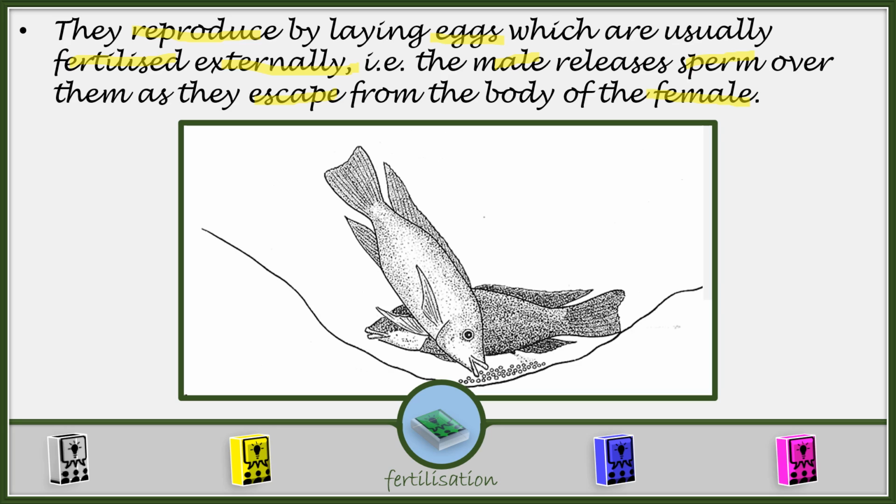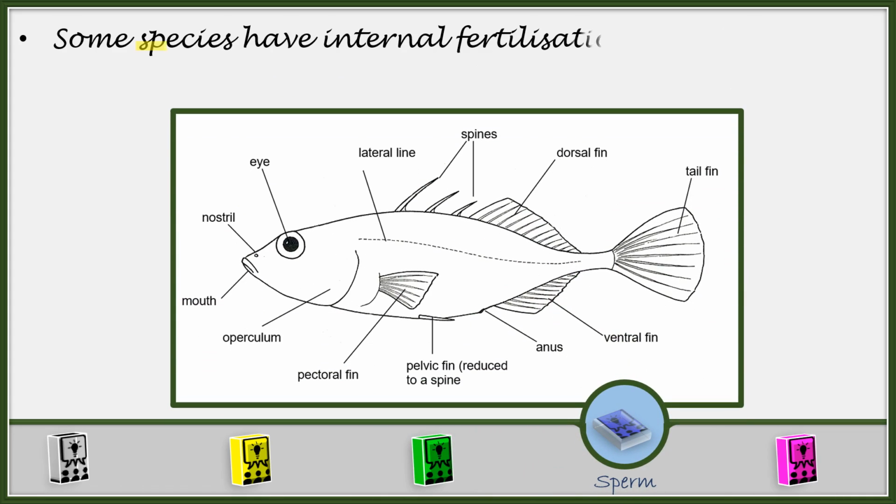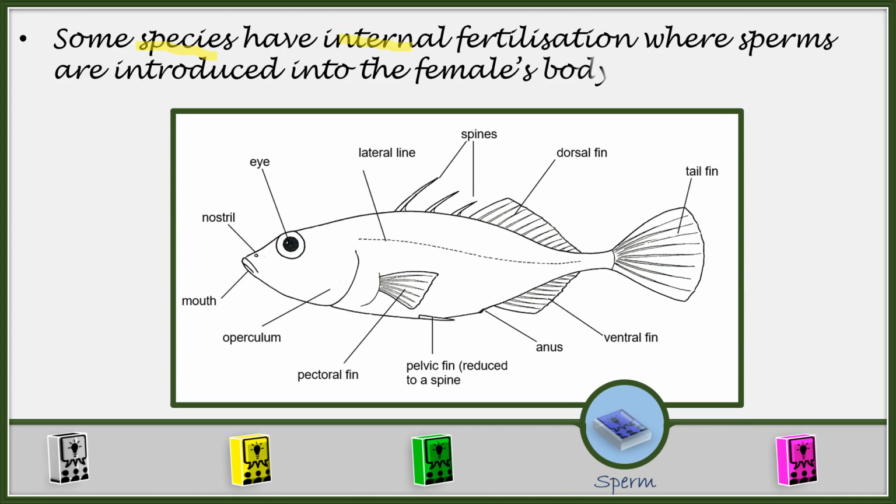So when the female lays the eggs, then the male will fertilize them by spreading the sperms over the eggs. Some species have internal fertilization, where the sperms are introduced into the female's body.